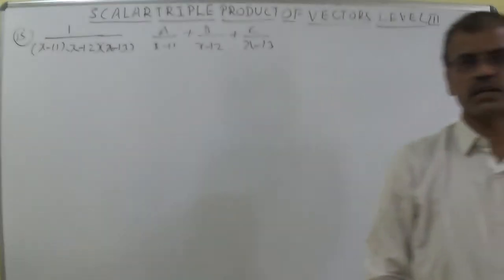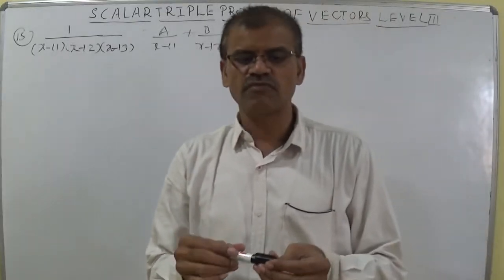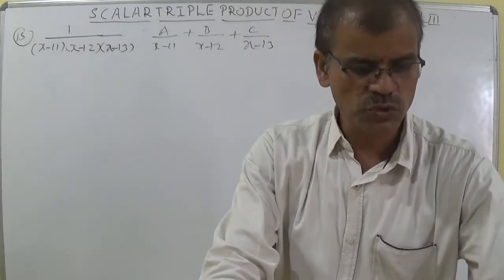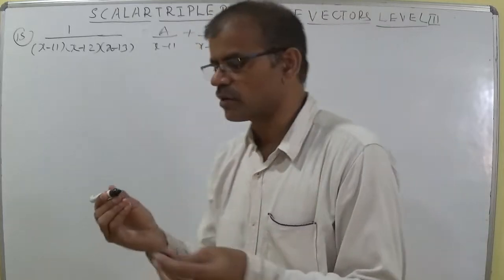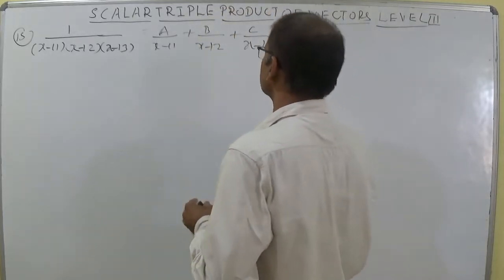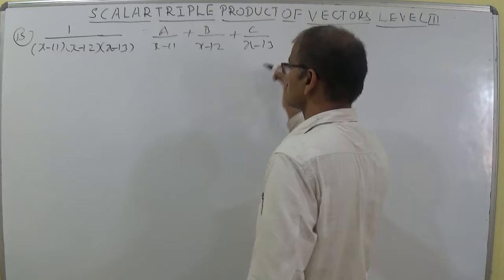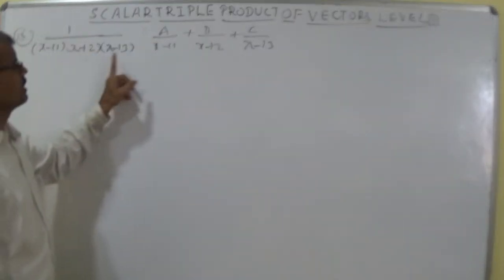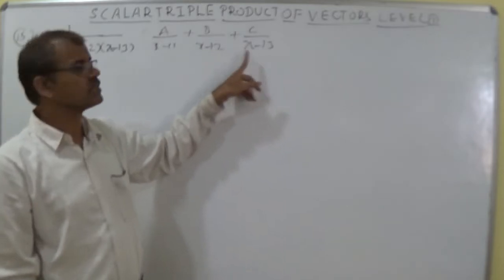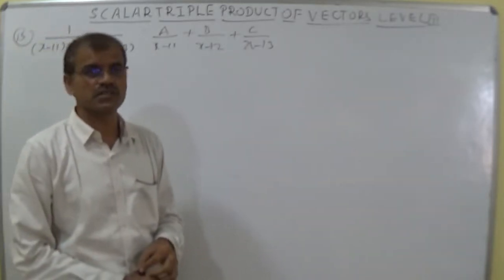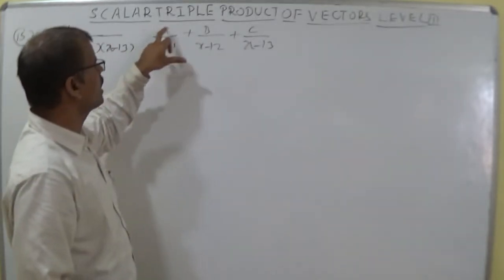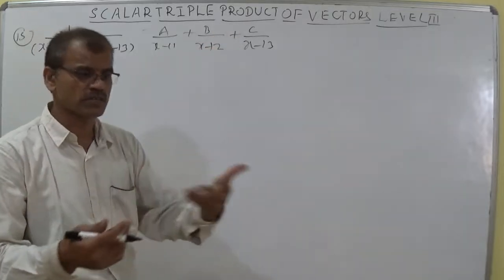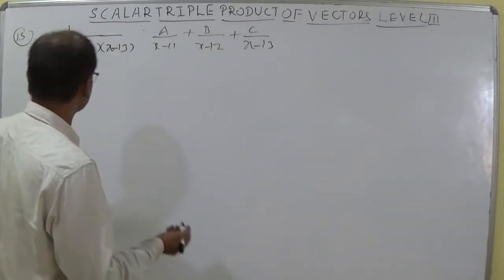This type of fractions are said to be partial fractions, which you will learn in the second year 2A topic. Dividing the total fraction into separate fractions, these are said to be partial fractions. We should calculate the values a, b and c separately. Afterwards, whatever data is given, we can use.